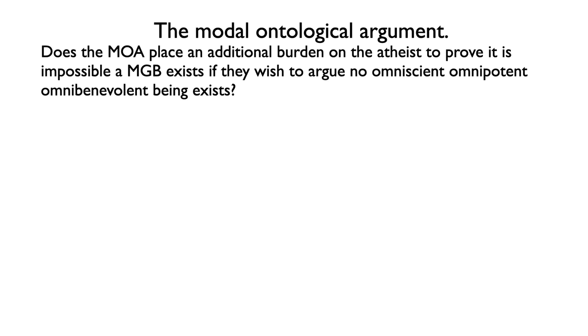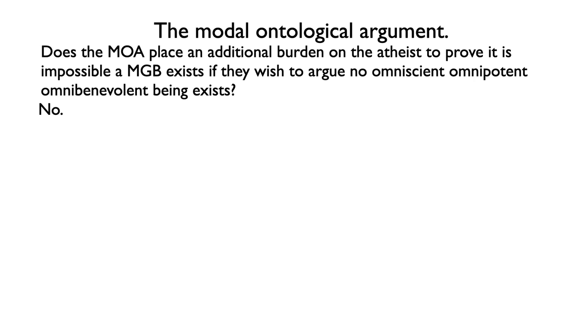So what about the second attempt? Does the modal ontological argument place an additional burden on the atheist to prove it is impossible a maximally great being exists if they wish to argue no omniscient, omnipotent, omnibenevolent being exists?